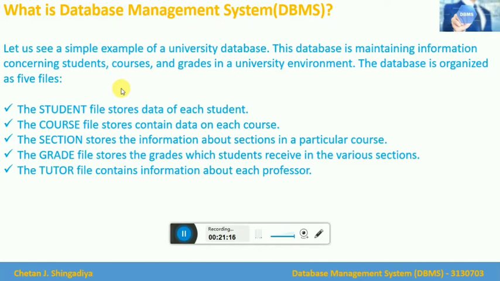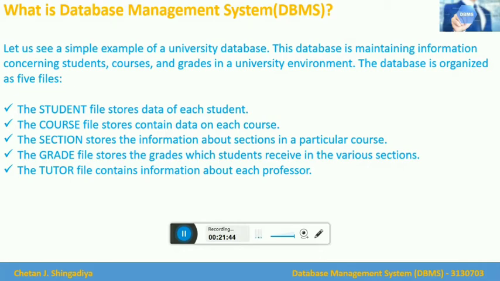Let us see an example of this DBMS system. Here we would like to explain the university database example. This database is maintaining the information concerning students, courses and grades in a university environment. The database is organized as 5 files. For example, the student file stores the data of each student. The course file stores the data on each course.